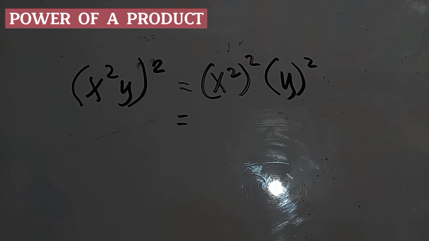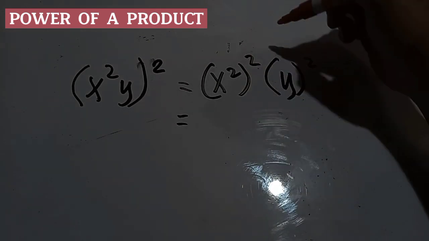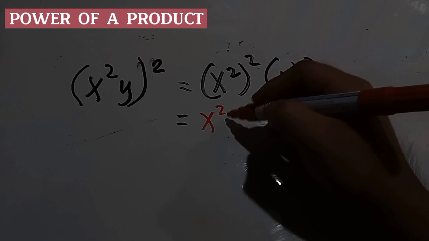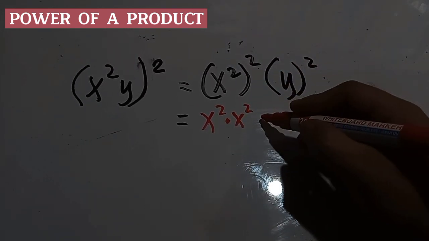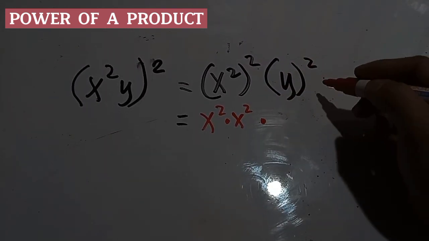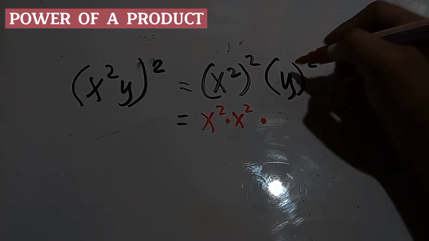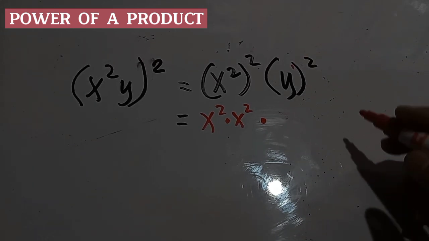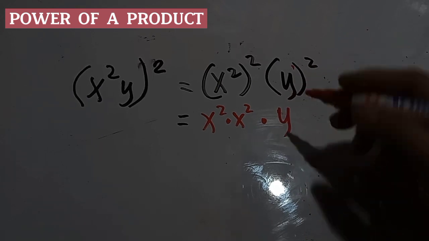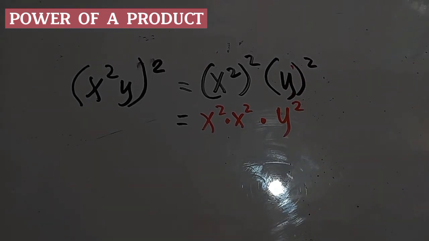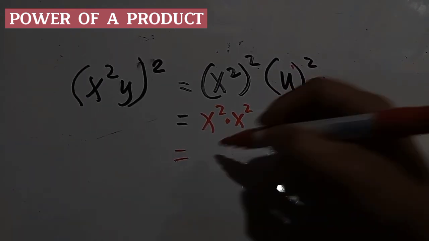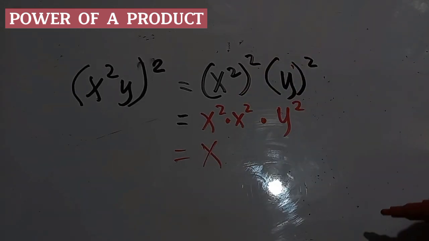So equal natin, multiply natin yon. So let's say, since squared dito, so multiply x squared times x squared. Ayan, followed by y, y squared. So we have, y squared na. Okay? The next is, kopya natin yung base kasi same sila ng base at saka i-add natin yung exponents.